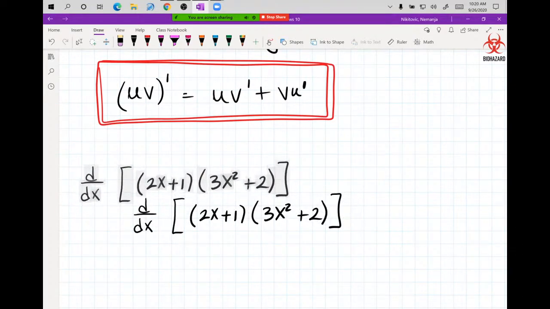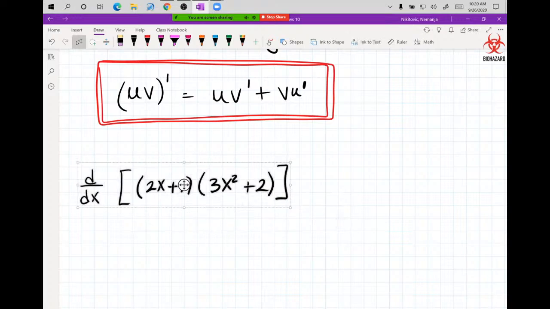So here is our example. What I have here is my u and my v. My u prime in this case would be just 2, and the v prime would be 6x. I hope you agree that those are the parts of this. And now I just need to plug everything into the formula and simplify the answer, and I better get the same answer as the first time when we did the problem.